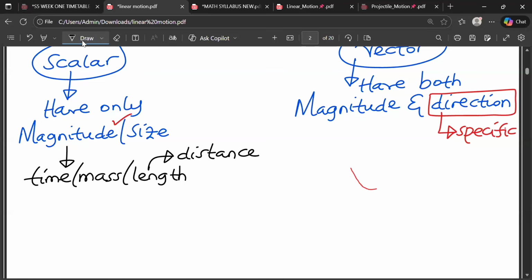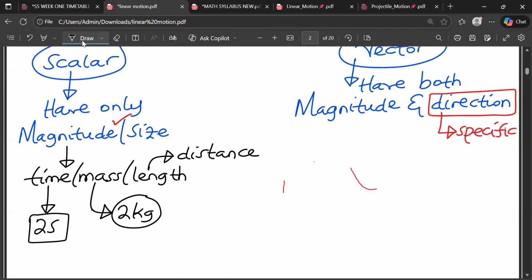So, when we talk of time, you always just say 2 seconds and you don't add anything else. 2 seconds, it's enough. When it's mass, you always just say 2 kilograms. You don't add on anything. That's why even in chemistry, always just say maybe 120 grams.